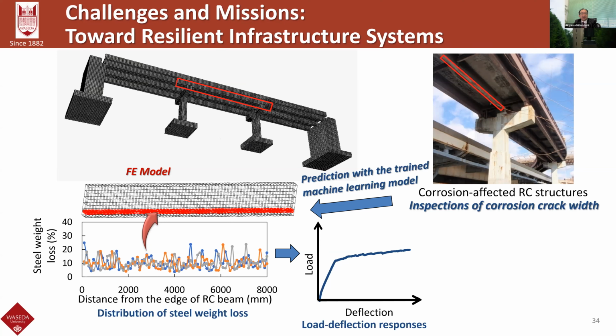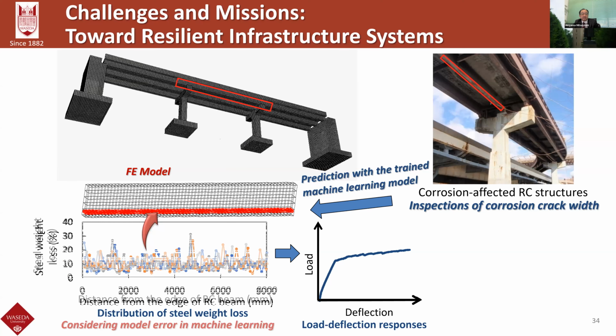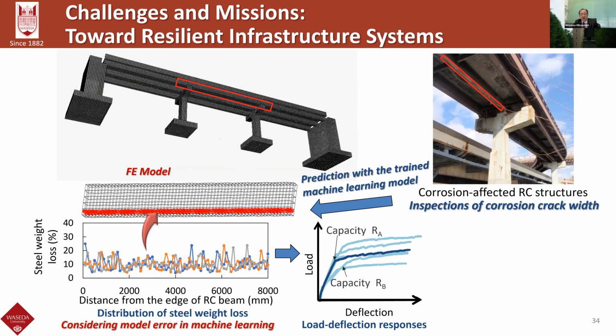Then the load and deflection relation is provided by the finite element model. Since there are model errors associated with the machine learning, we have to use many possible distributions of steel corrosion in Monte Carlo simulation. So repeating the finite element analysis with the estimated steel corrosion distributions, we can have a probability density function of structural resistance.